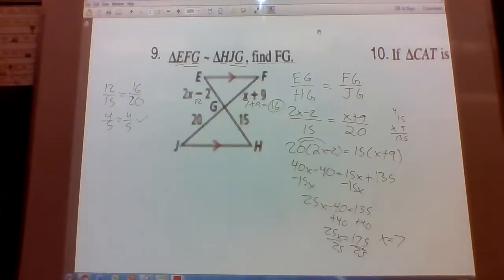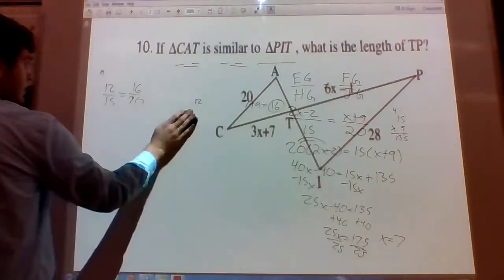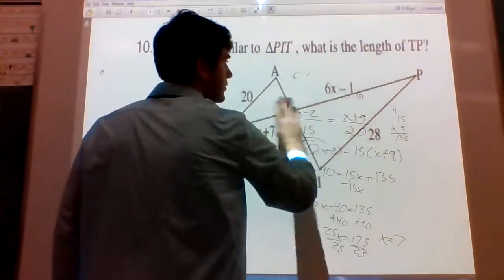Okay, number 10. If triangle CAT is similar to triangle PIT, what is the length of TP?